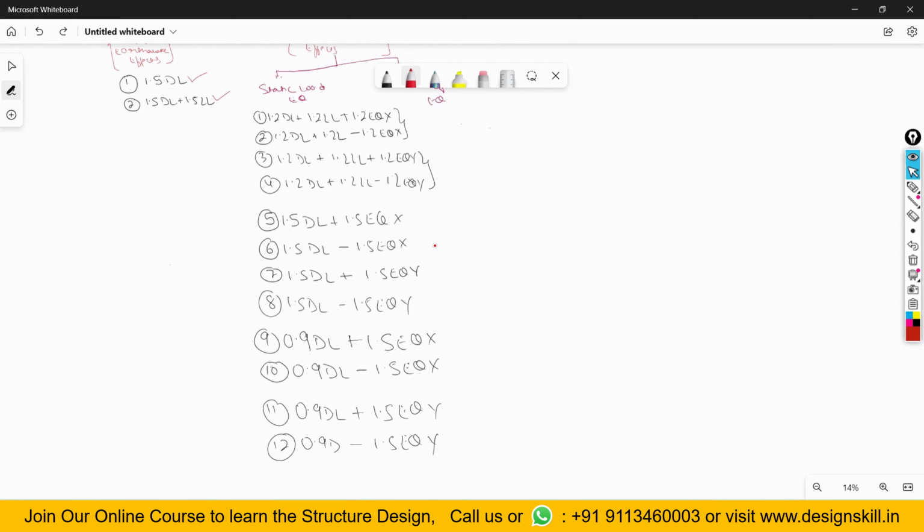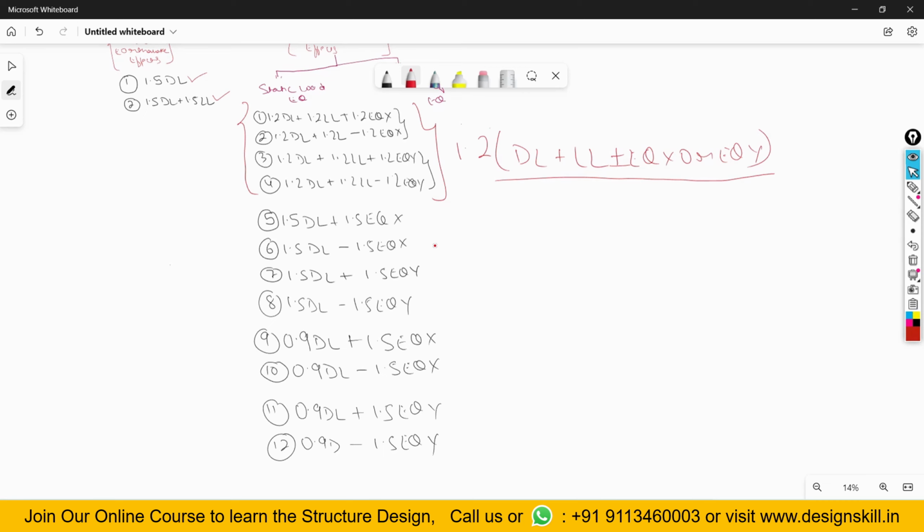This load combination can be rewritten in short also. So you can write it like that: 1.2 dead load plus live load plus minus EQX or EQY. This is the same thing I have written in the fourth load combination here.